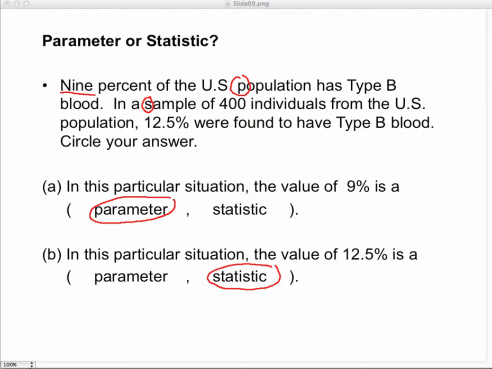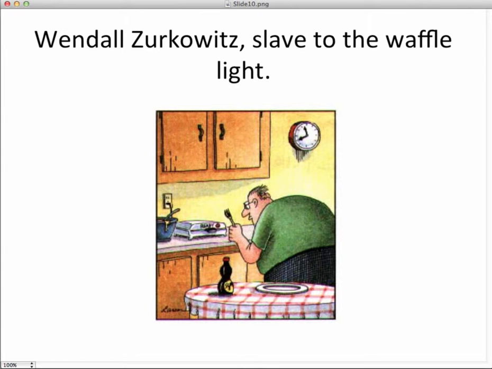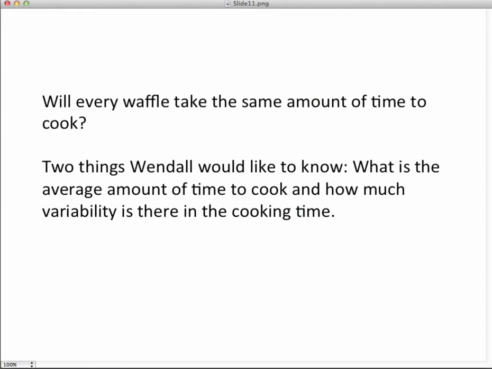All right, let's go on to slide 10 here. Wendell Zerkowitz, slave to the waffle light. So Wendell has got himself a fancy waffle maker, and he makes waffles, and there are a couple of things that Wendell is going to want to know about his fancy waffle maker. First of all, what is the average time for it to cook? In other words, how long does it take for each waffle to cook? And then he's also going to want to know something about the variability in the cooking time.